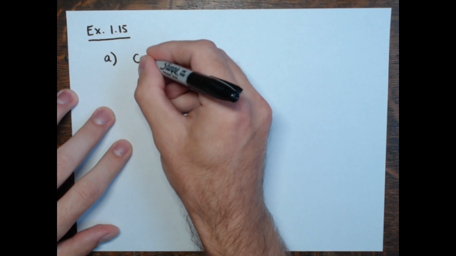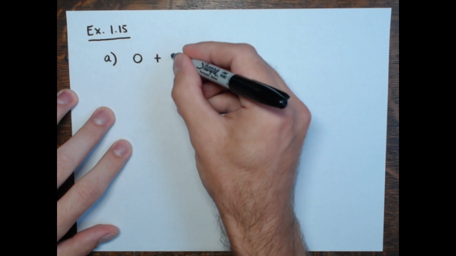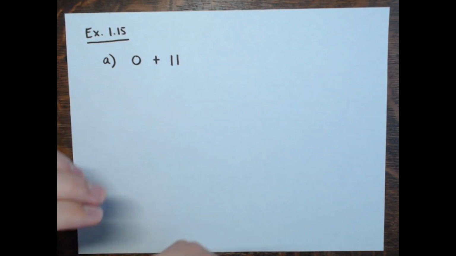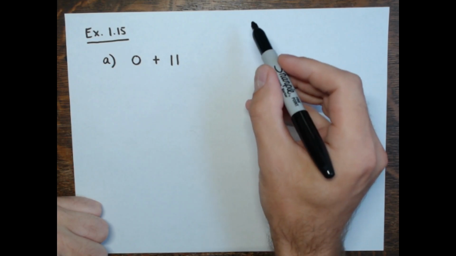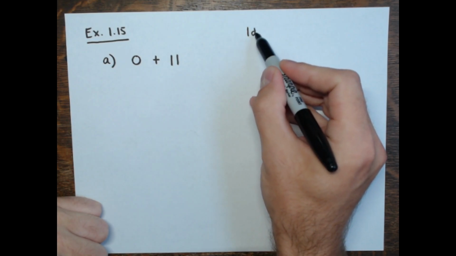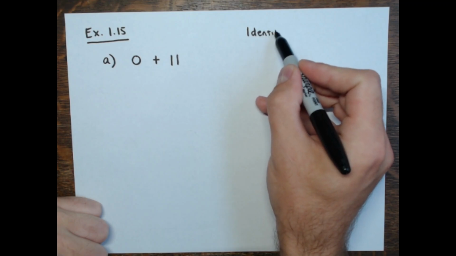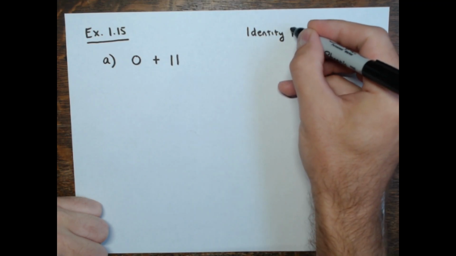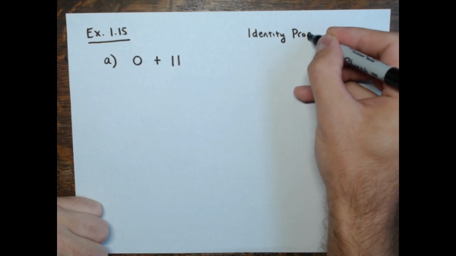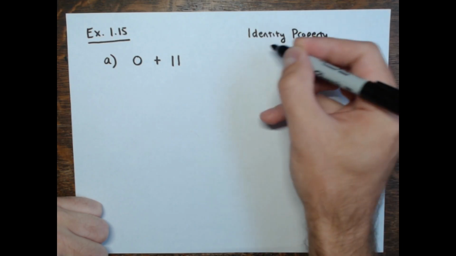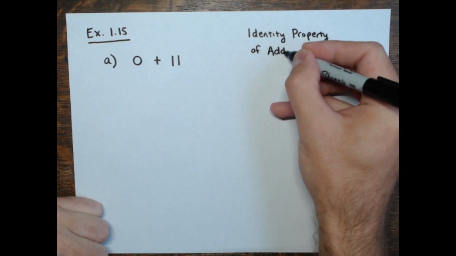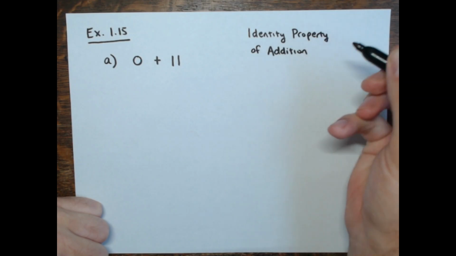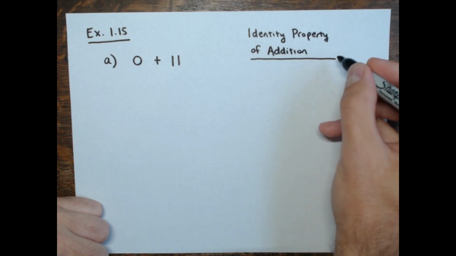So the first sum is 0 plus 11. So again, this is that identity property of addition that is being applied here. So I'll write it up here again.